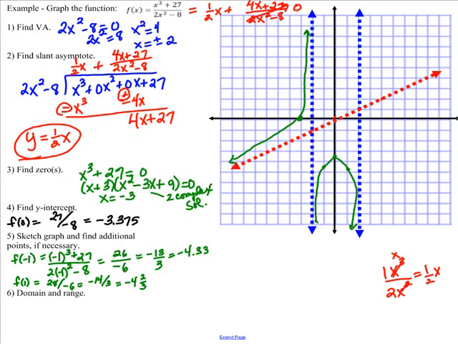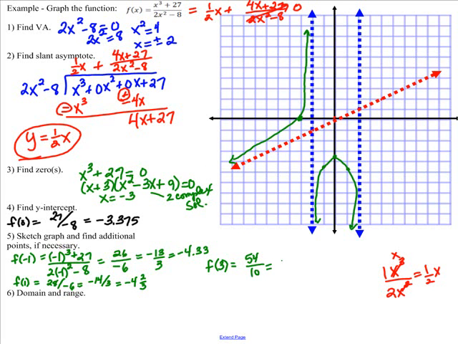Okay. And what about to the right of 2? Let's plug in 3. If we plug in 3, we're going to find 3 cubed is 27 plus 27, which is 54, over 3 squared is 9, and 9 times 2 is 18, minus 8, which would be 10.